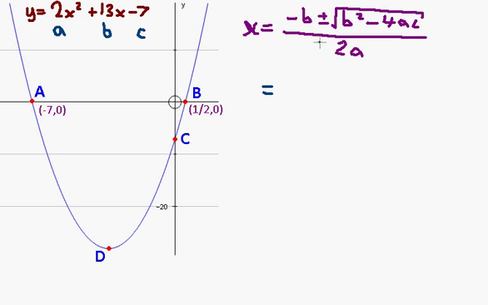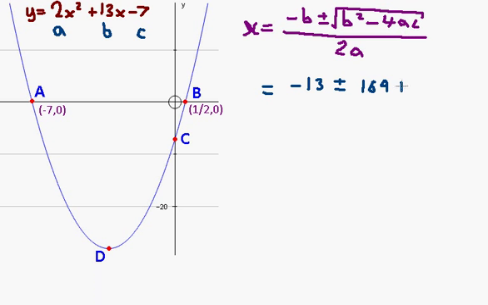This will give me two values for x, because remember there is a plus minus there, unless of course the square root is 0, which can happen. So minus b, I've got minus 13, plus or minus, inside the square root I've got 13 squared, b squared is 169, and then minus 4 times 2 times minus 7.